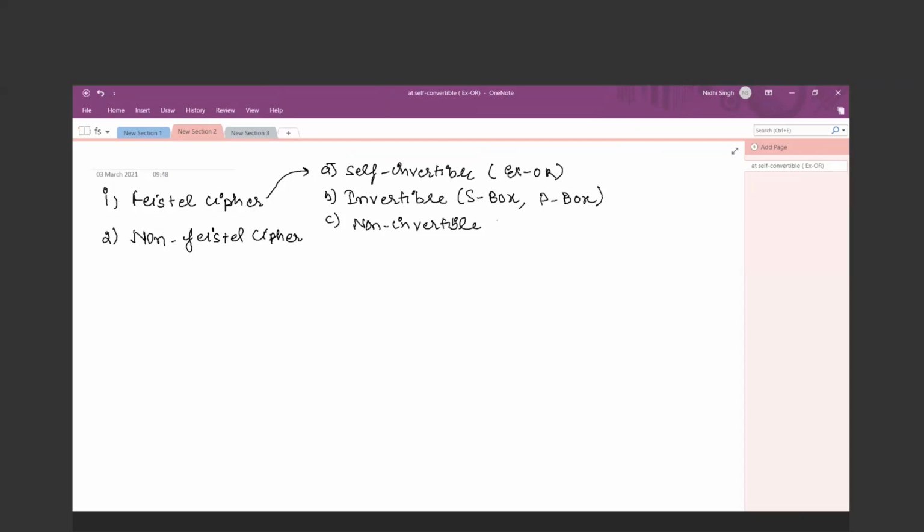Now the non-invertible components are the compression P box and expansion P box, compression, expansion, as well as some functions which are not invertible in nature.